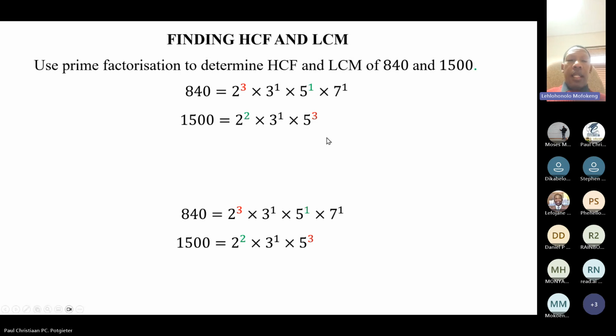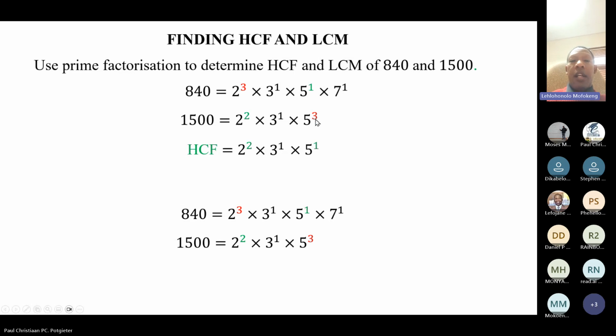So in determining the highest common factor, we will only take the common bases with the lowest exponent. As you can see there, with base 2, we have exponent 3 and exponent 2. The lowest exponent between the two is 2. With 3, we don't have any problem. The exponents are the same, therefore we will just take 3 with exponent 1.